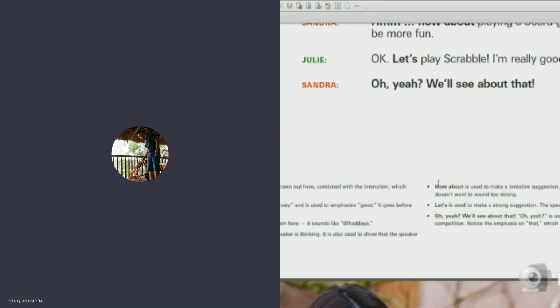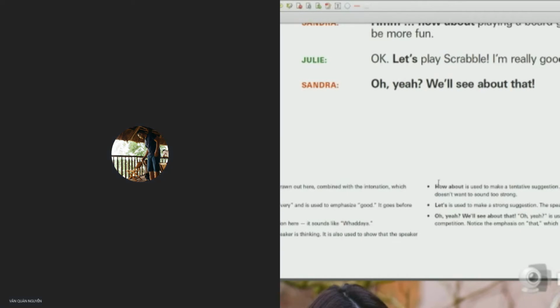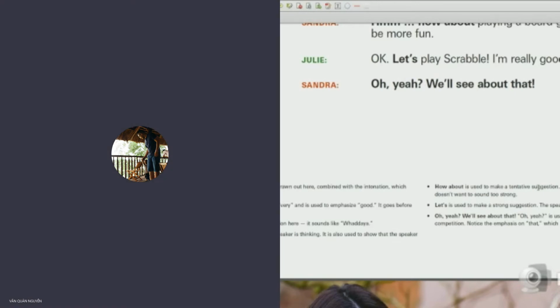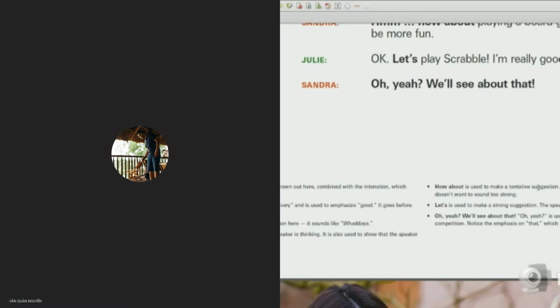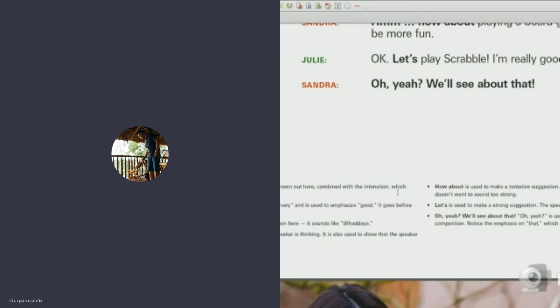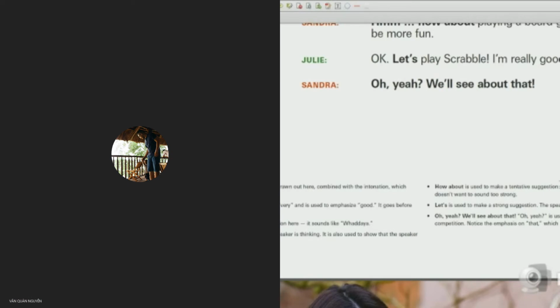Okay, next, "how about." "How about" is used to make a tentative suggestion. So when you're making a suggestion, you use "how about," and the speaker is introducing an idea and doesn't want to sound too strong.